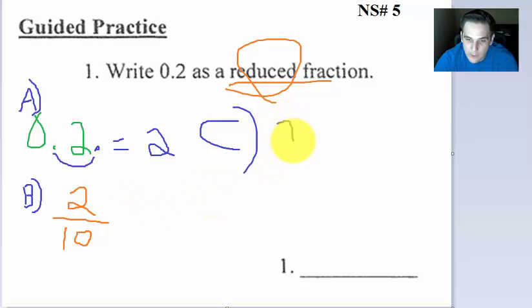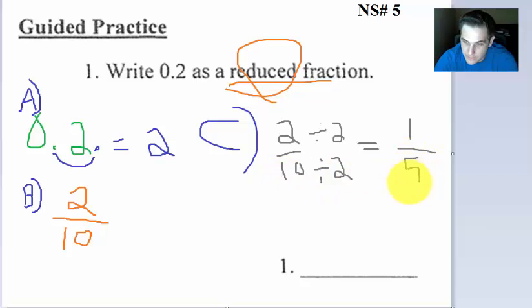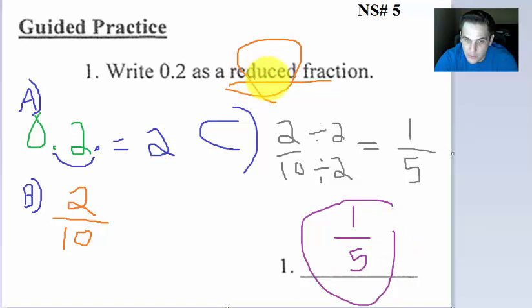So 2 over 10 divided by 2 equals 2 divided by 2 is 1. 10 divided by 2 is 5. And that is our reduced fraction. So 1 over 5 is the answer. That's your reduced fraction.